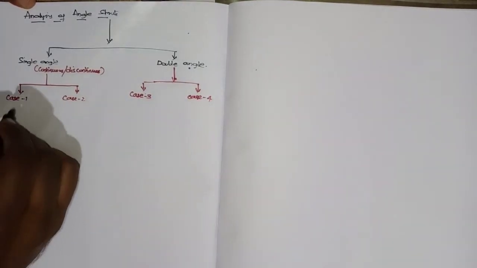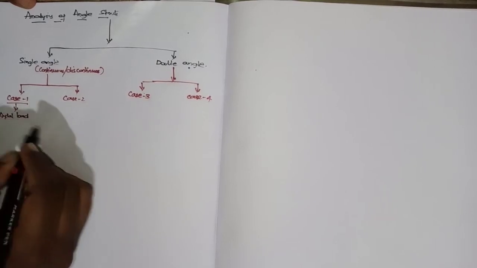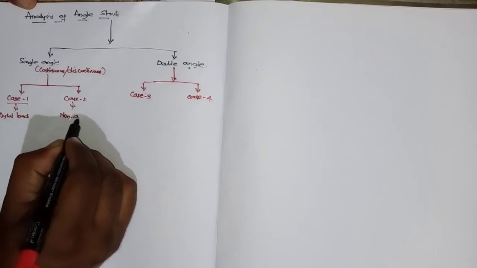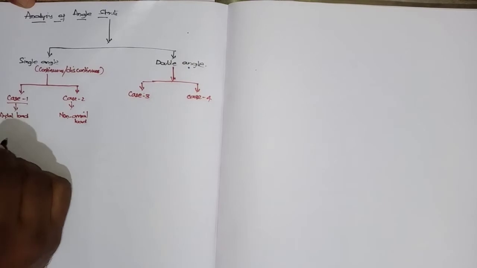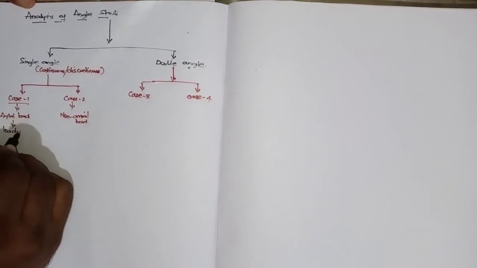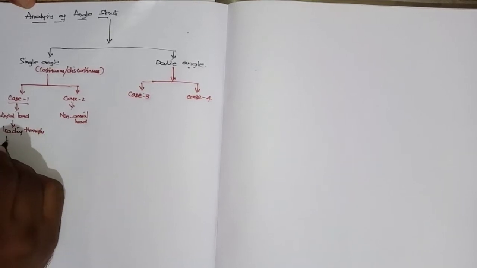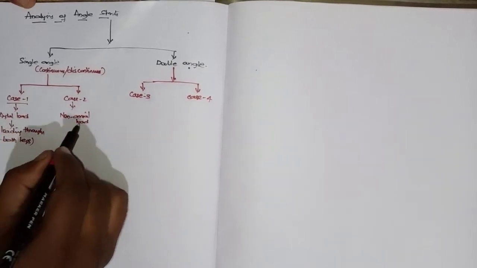Next one is case 4. Here what is case 1? Single angle with axial load. Next one is non-axial load, meaning eccentric loading. Here axial loading means loading through both legs; loading through both legs comes under case 1.